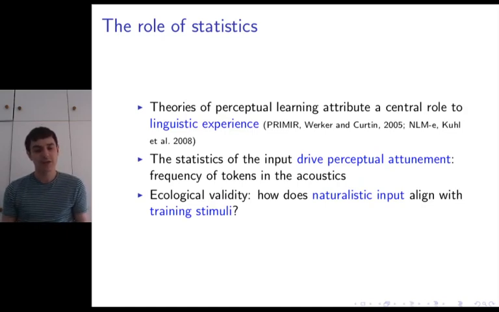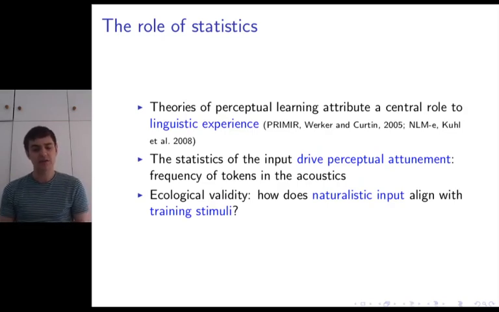And really, there's a major question of how the frequency of acoustic tokens in the input shapes learners' perception within early development. So there is very little that can be specified as innate within this task because so much of it is about the specific number of categories that a language has, and also exactly how those categories are implemented.